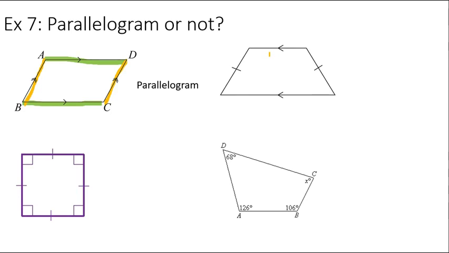Okay, let's look at the next shape. Here, this side and that side are parallel. But if you look at this side here, they're congruent, but these two are not, they're not parallel.